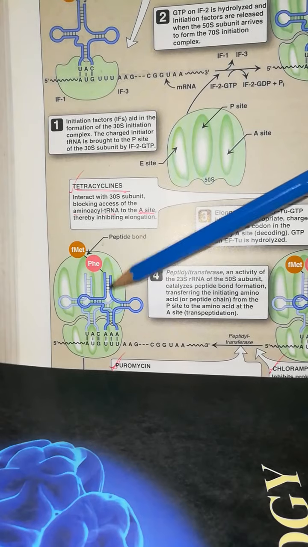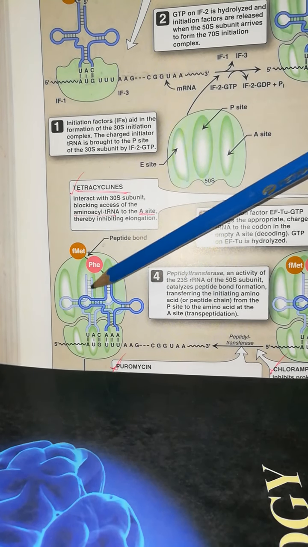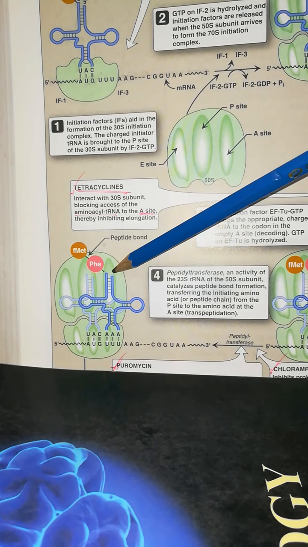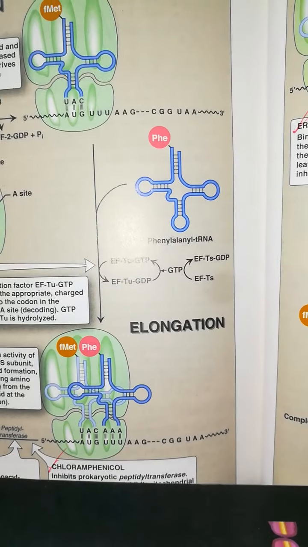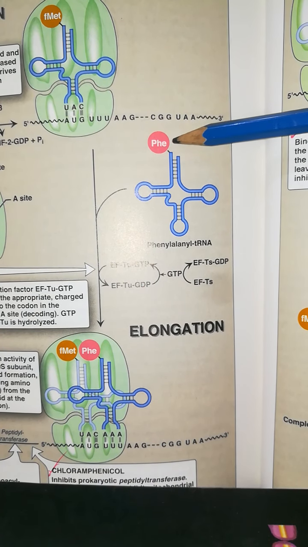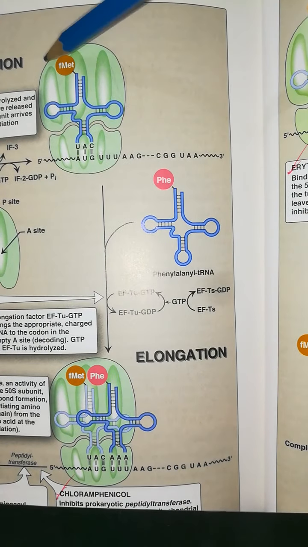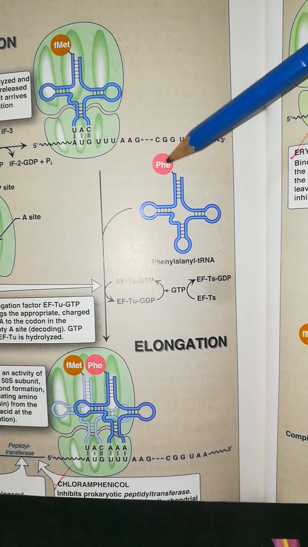Here follow that in the previous picture there was an empty site. In this figure, here was methionine, and here the next tRNA comes to this site with phenylalanine.